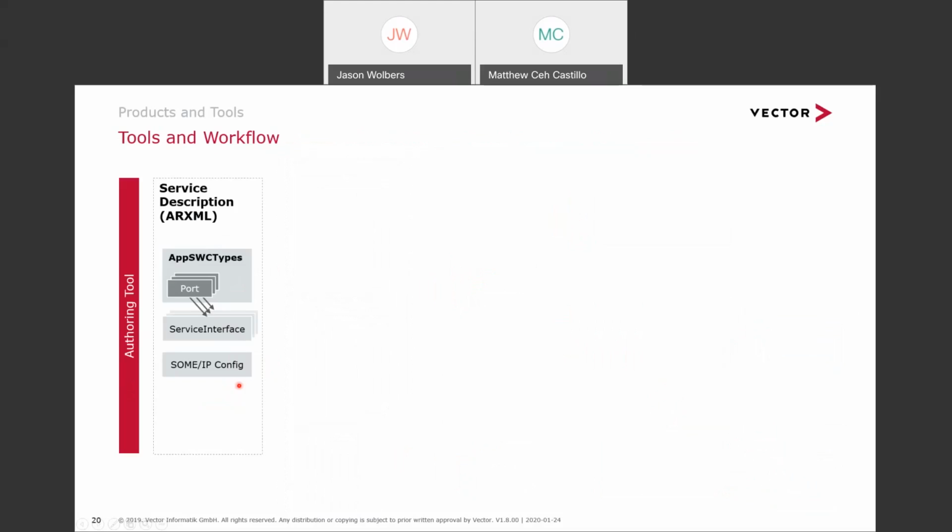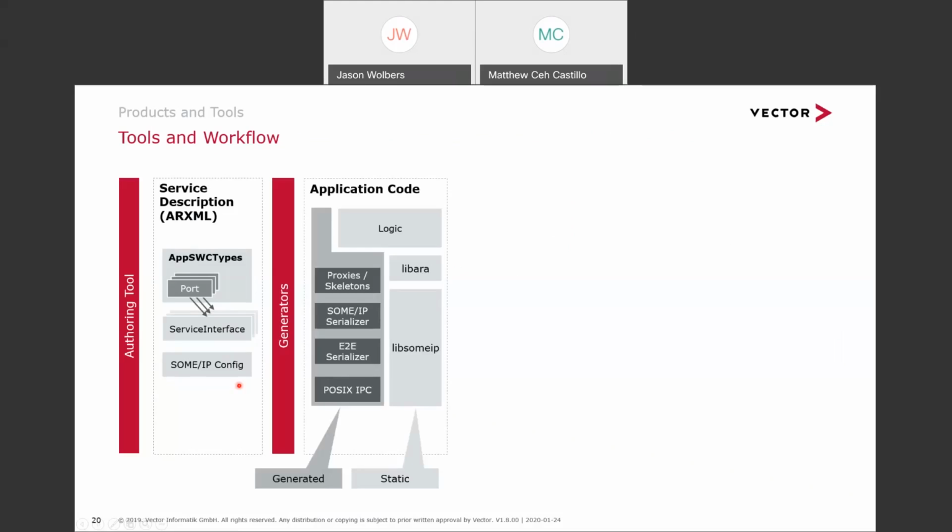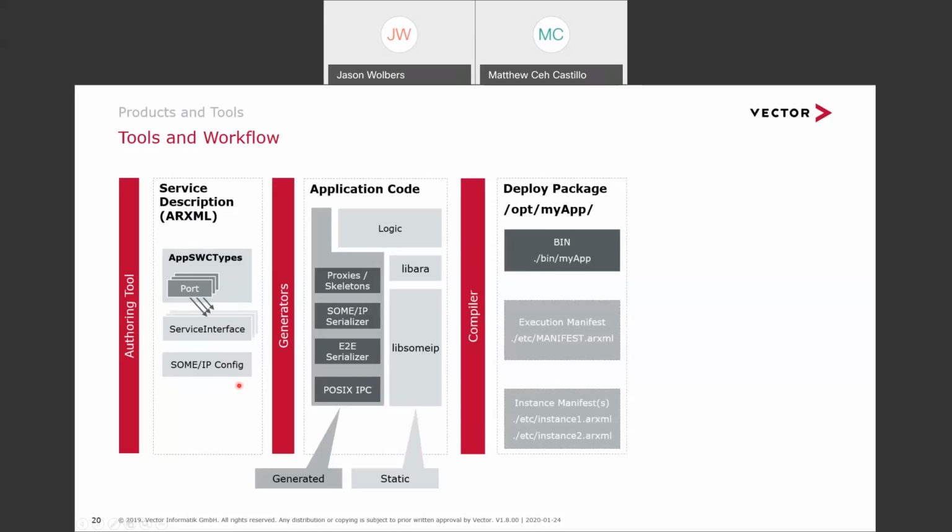Okay, so you have your authoring tool, you're designing your interfaces and your services. Then you're plugging that into your application design tool or your middleware layer configuration tool, which is DaVinci Adaptive IDE in both cases. That's generating some header files that you will need to compile. And you're compiling your application into its own separate binary.